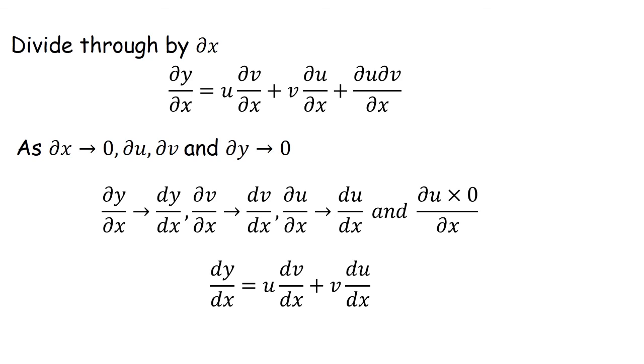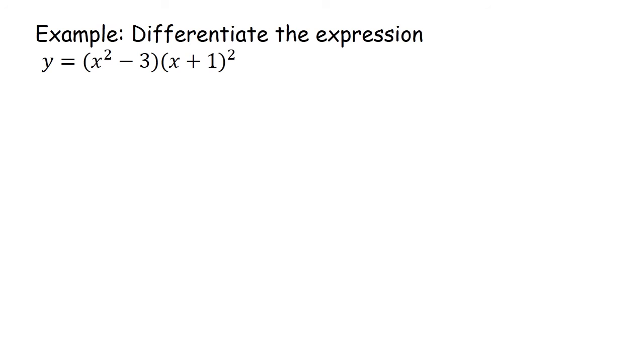Five minutes. Sorry. So we take one example because of time. We differentiate the expression y is equal to x squared minus 3 into bracket x plus 1 to power 2. We need to begin by letting one of those functions be u and another one be v.